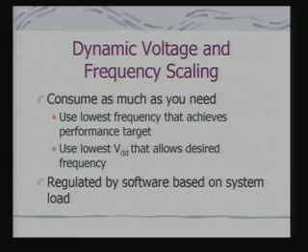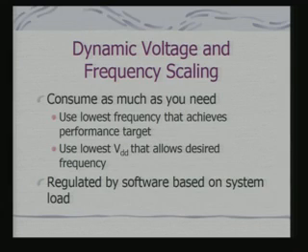Next, we shall look at the concept of what is called dynamic voltage and frequency scaling. The basic concept is consume as much as you need, okay? So, use the lowest frequency that achieves the performance target. What does that mean? If you are using the lowest clock frequency, obviously the time taken for execution of an instruction increases.